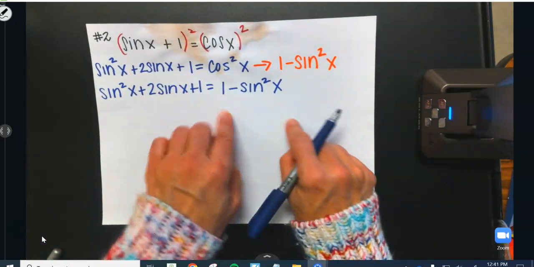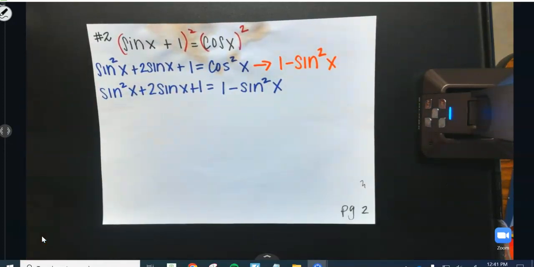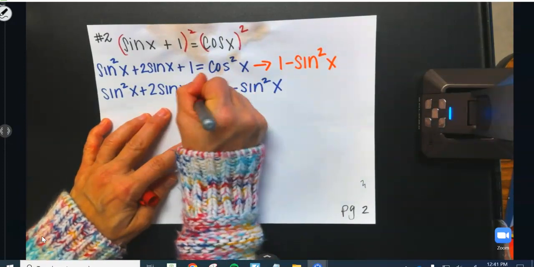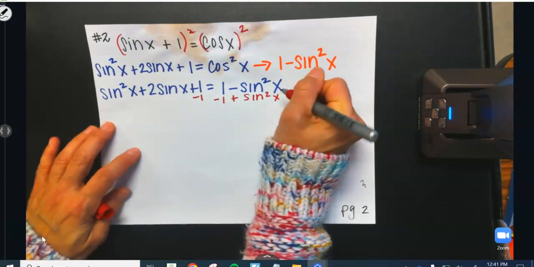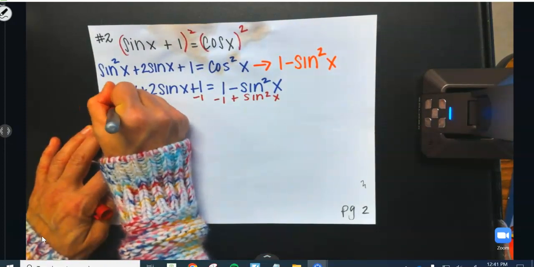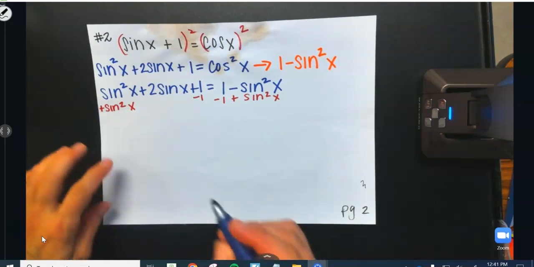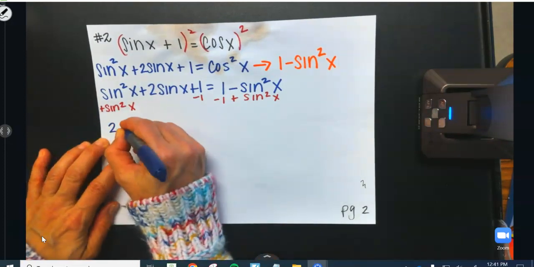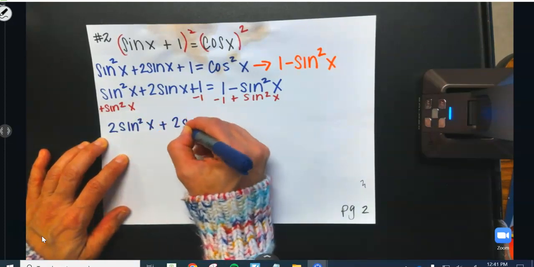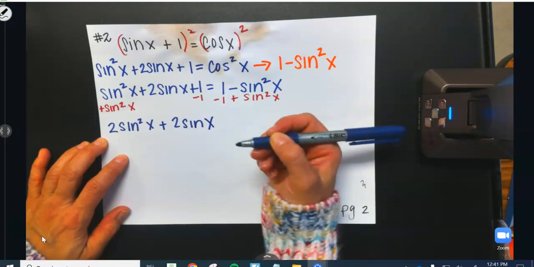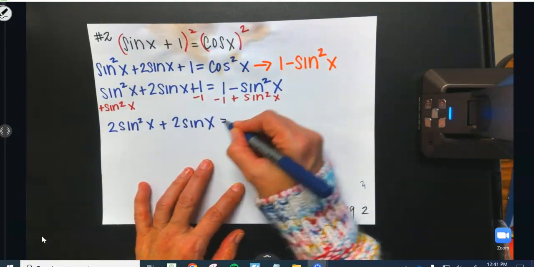There's only these two things over here, so I am moving this on this side. Okay, so we have 2 sine squared x plus 2 sine x. And these ones cancel. Like, we have a 0 right there.